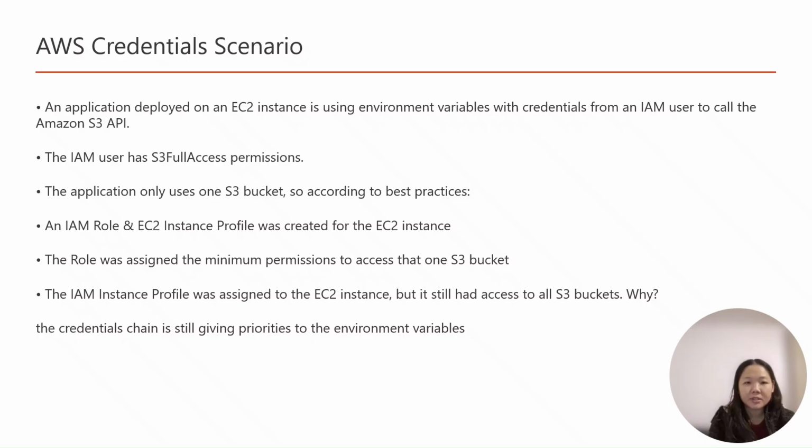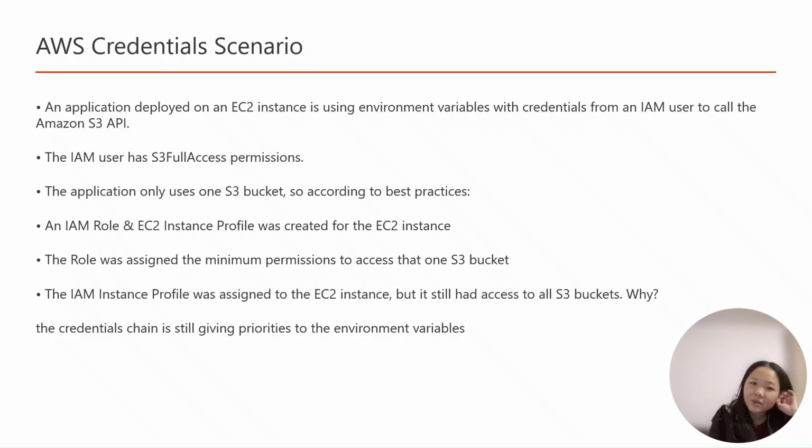AWS credential scenario. An application deployed on an EC2 instance is using environment variables with credentials from an IAM user to call the Amazon S3 API. The IAM user has S3 full access permission.